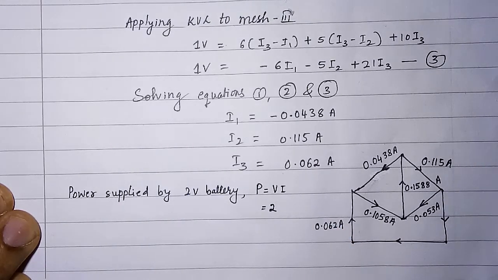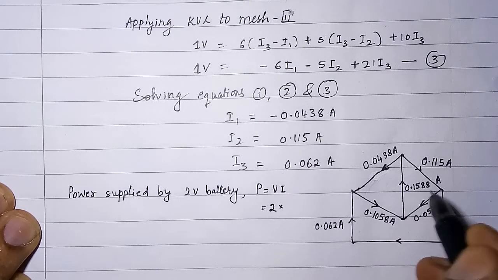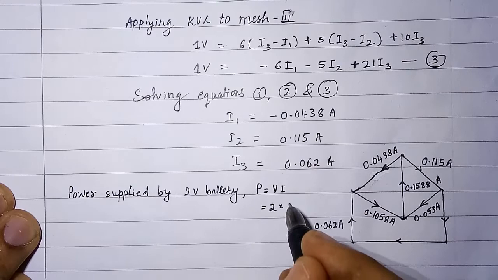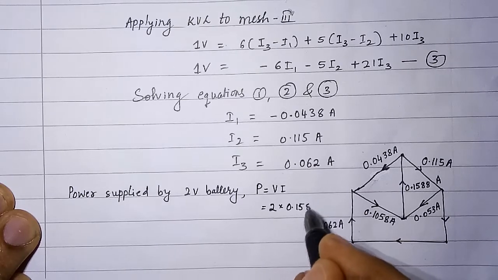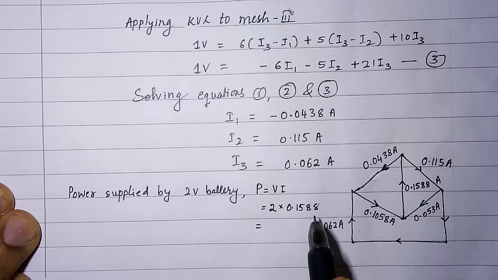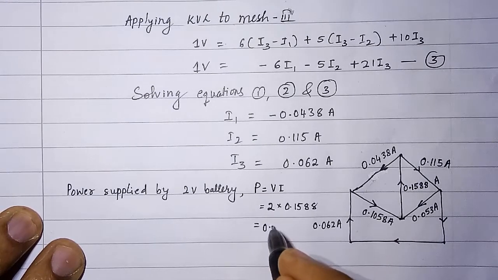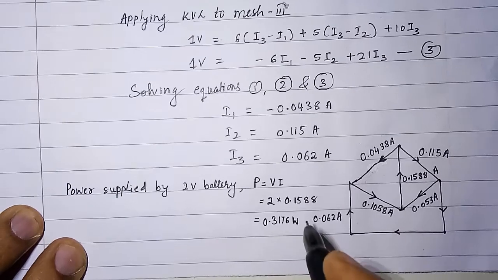Voltage of 2 volt battery is 2 volt. Current flowing through 2 volt battery is 0.1588. So we get power as 2 multiplied by 0.1588. That is 0.3176 watts.